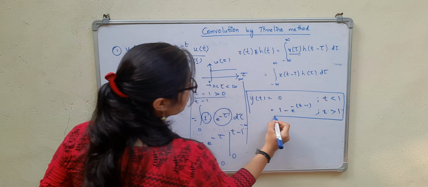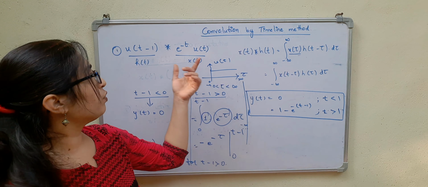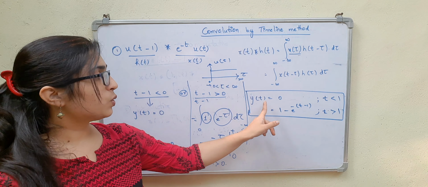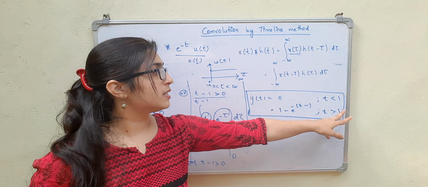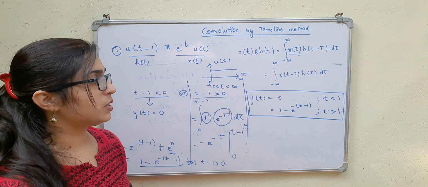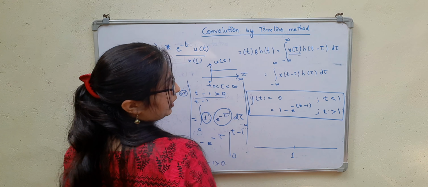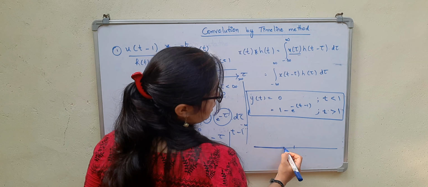So this is the answer for the convolution of these two signals. So if I draw this, for t less than 1, it is obviously 0.